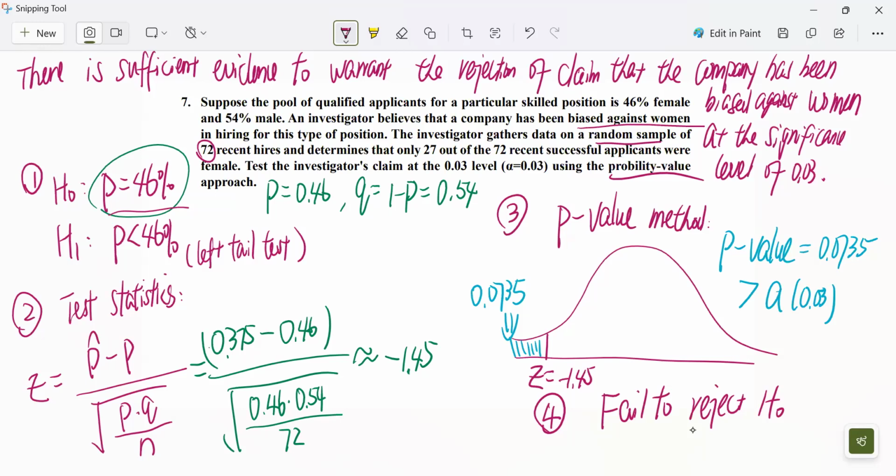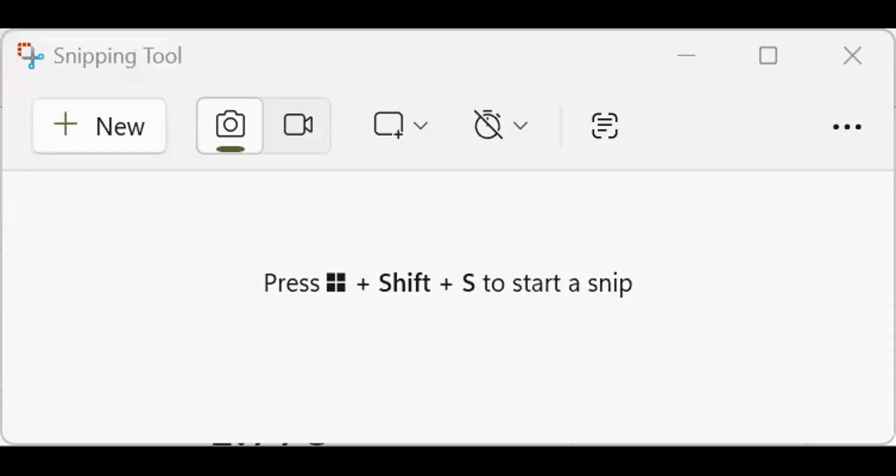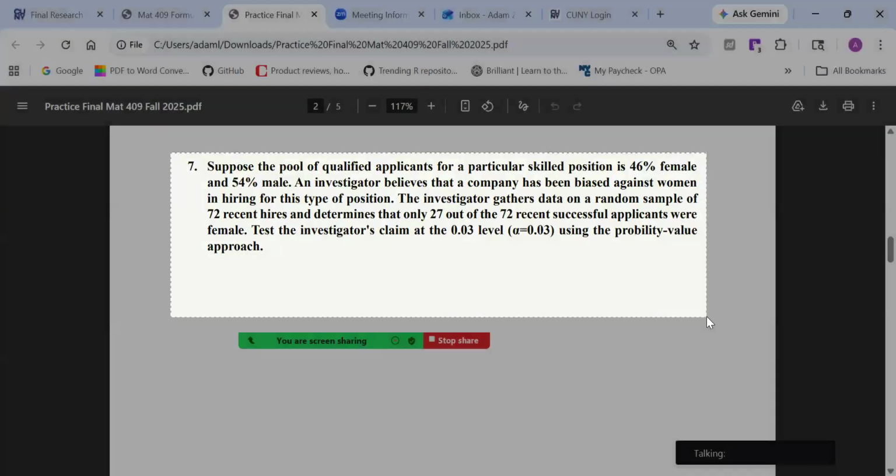The critical z-score will come from the alpha, which is 0.03. If you're doing the critical value method, let me get a new sheet and I'll show you how you do it.